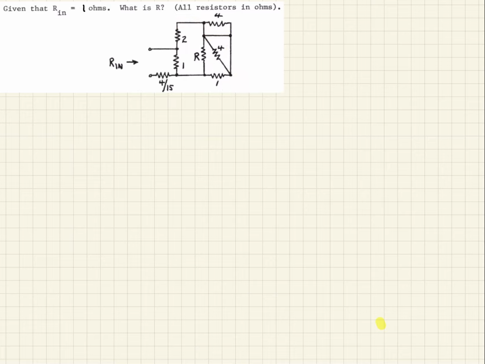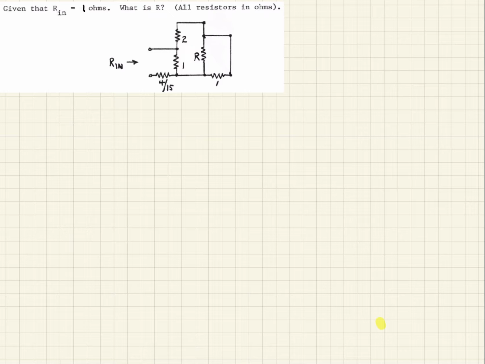So that being the case, we can just simply remove them. It's like these aren't even here because they will not be utilized because the current will always take the path of least resistance. And in this case, that would be the short circuit. And so it'll never go through the 4 ohms. So that one's gone, and then this one is gone as well. So this simplifies our circuit a good bit right here.